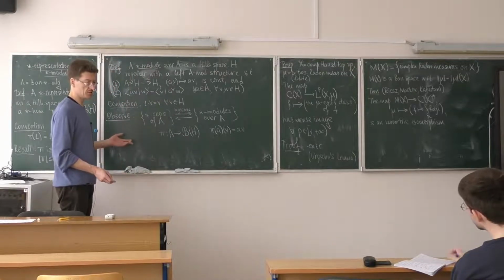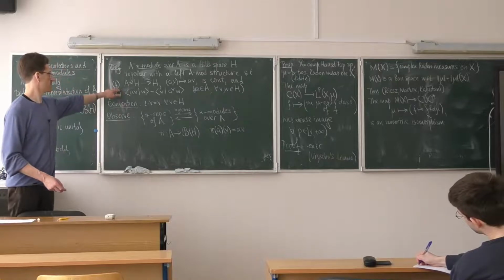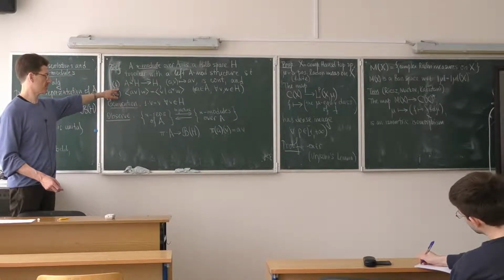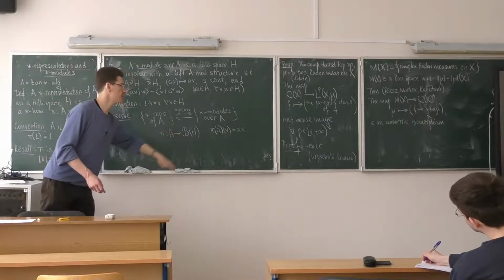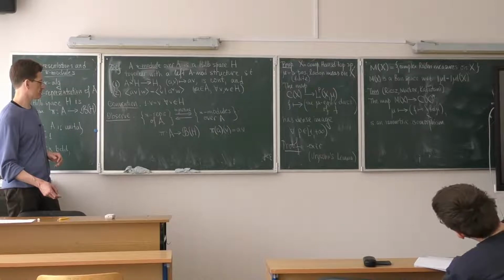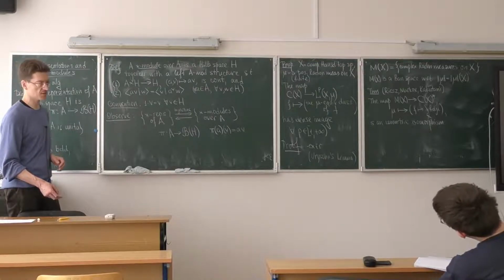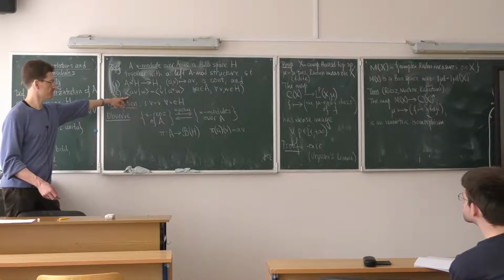And this pi is easily seen to be a star representation. So property 1 implies that pi takes A to B of H, the algebra of bounded operators. This follows from property 1. And the fact that pi is a star homomorphism follows from property 2.